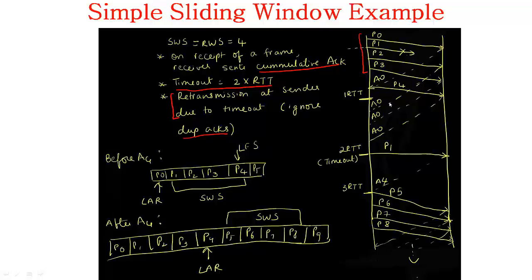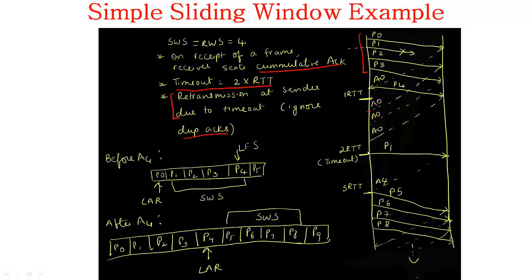Now I've got another acknowledgement for A0. This is a cumulative acknowledgement generated in response to P2. But since my retransmission is due to a timeout, I'm just going to ignore these duplicate acknowledgements. So I've got an acknowledgement in response to P2, in response to P3, and in response to P4.